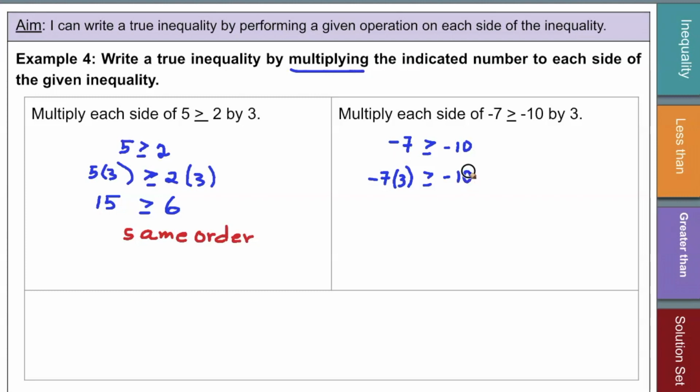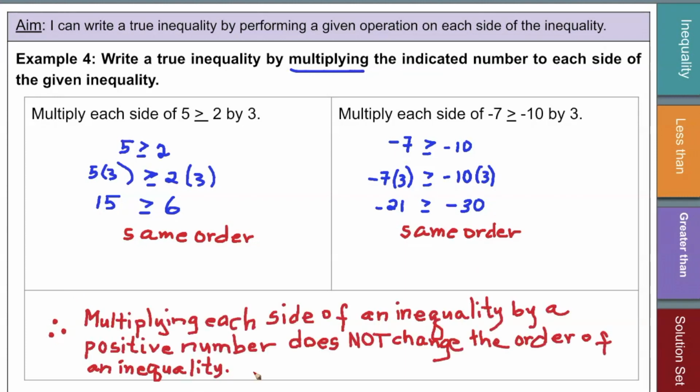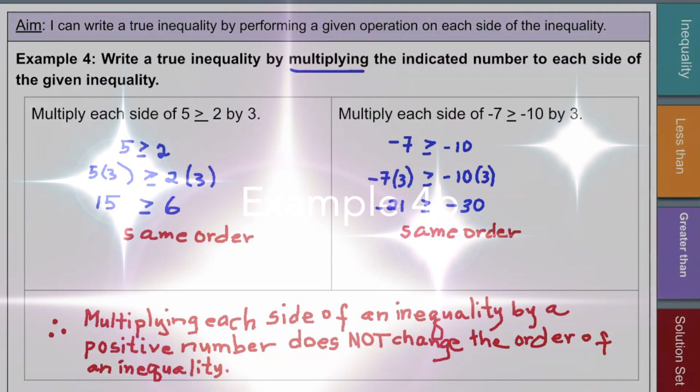That means negative 7 greater than or equal to negative 10 has the same order as the resulting inequality negative 21 greater than or equal to negative 30. What does this mean? Both examples have the same order, which illustrates that multiplying each side of an inequality by a positive number does not change the order of an inequality.